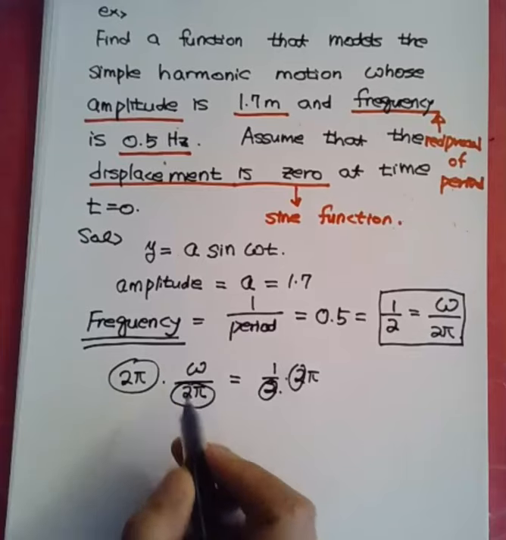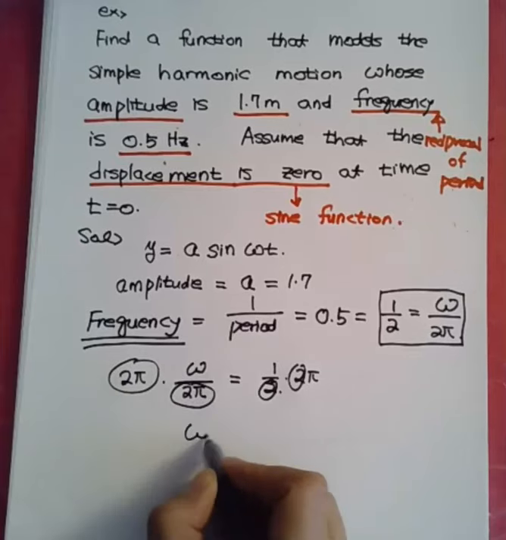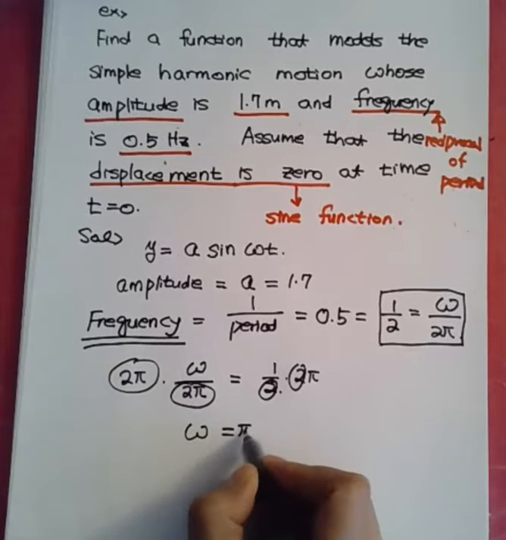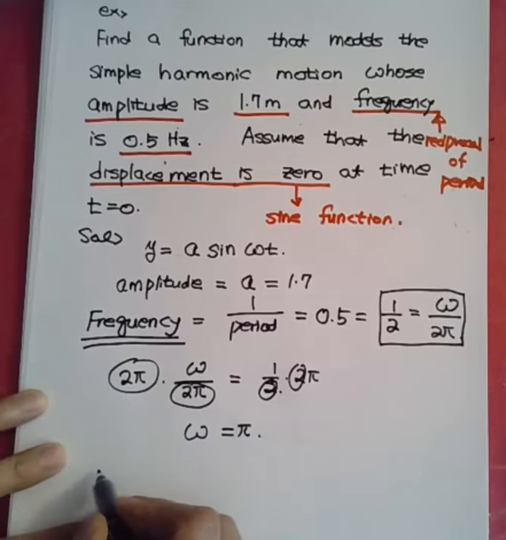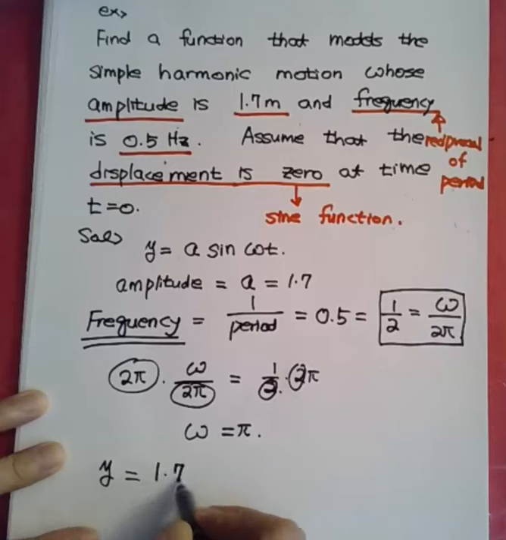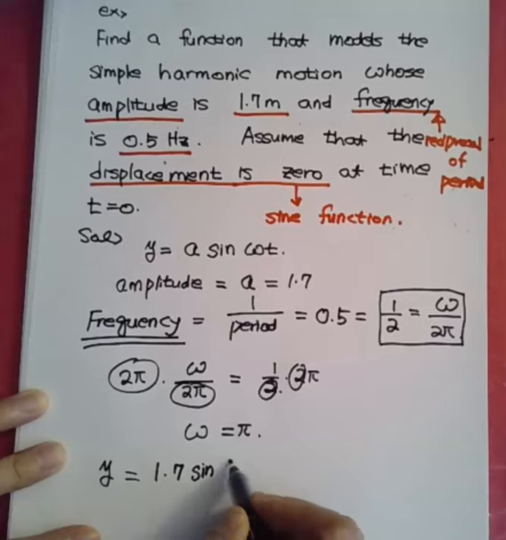And these two will cancel each other. So omega equals pi. So the final answer is y equals 1.7 sine of omega, which is pi times t.